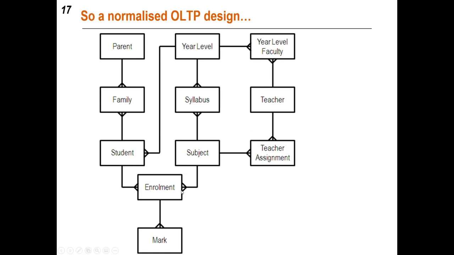If you go through this entity relationship diagram, you can see the parents are related with the families, and then each family has students. Students are enrolled in the subjects. Subjects have different syllabi, and then different teachers are teaching these different subjects. And then once they enroll, it looks like we need to record the marks, right?